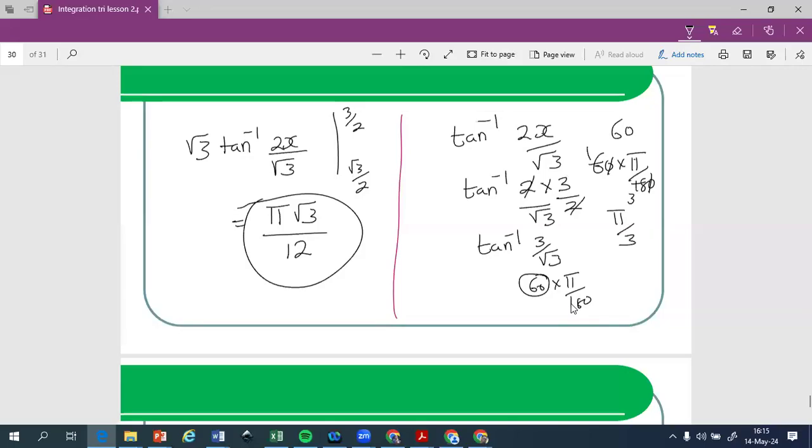Ben Carson, is there a problem? So how do you get the 60? The 60? Oh, the 60 came here, like when you have this. So when you place tan inverse of 3 over root of 3 on your calculator, what do you get?